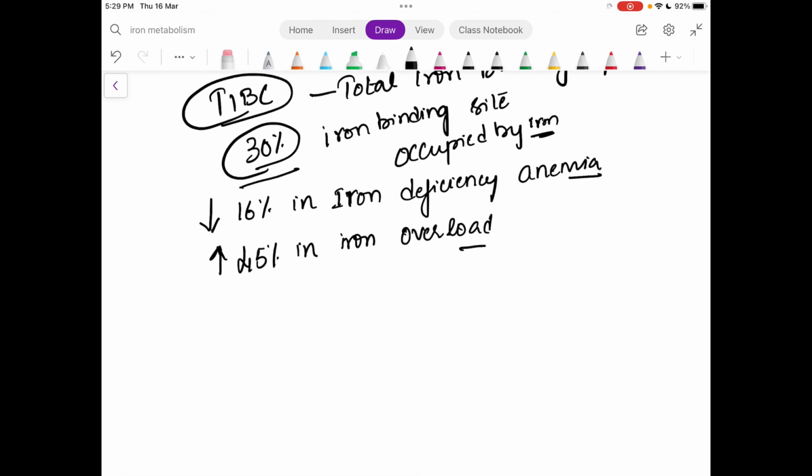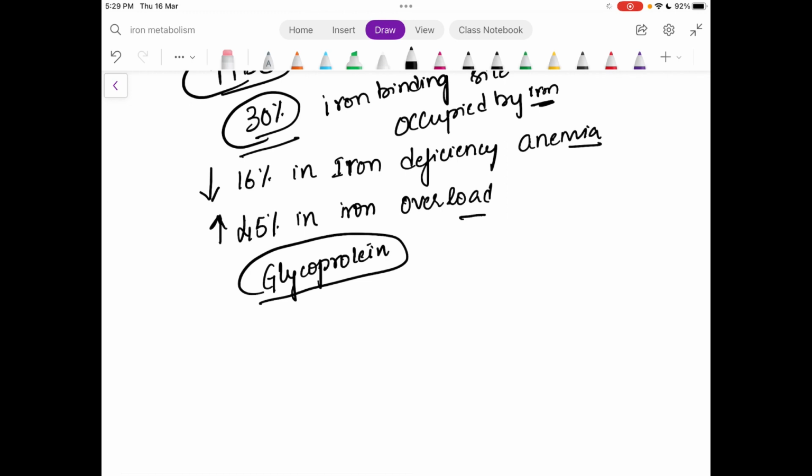This transferrin is a glycoprotein, where carbohydrate is a must.